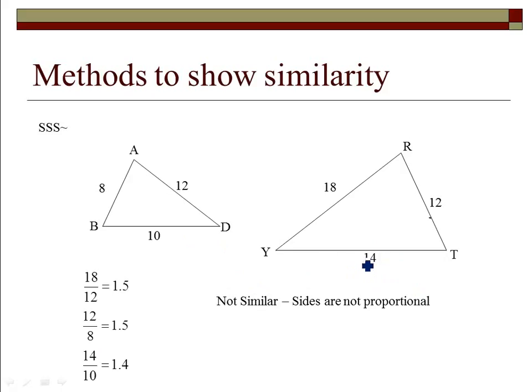If I change this, because now 15 over 10 would be 1.5, I'd have my evidence, and then I would be able to say that triangle BAD is similar to, well, angle B. When I look at the sides, this is a small side to medium side, so B matches T. Then angle A is between the small side and large side, so I go to my small side and large side.